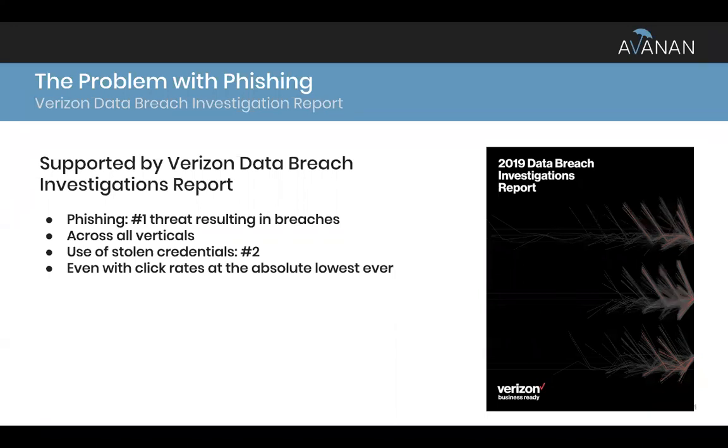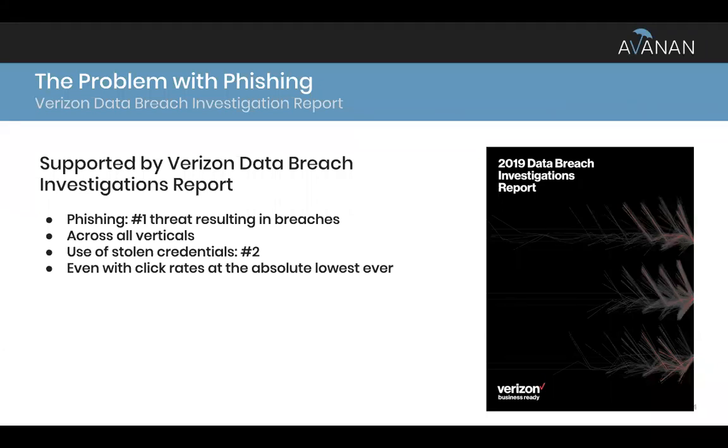The number two was use of stolen credentials, in large part cloud email credentials. So if someone gets a hold of your O365 account, they get access to your email, OneDrive and SharePoint. Those are the two primary threats resulting in breaches in 2018.